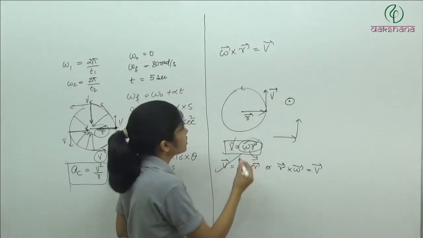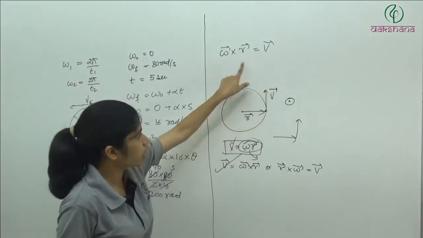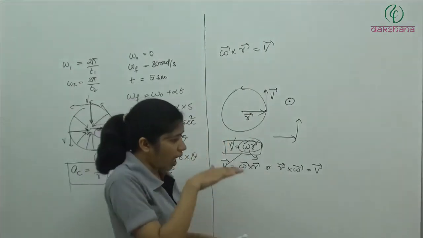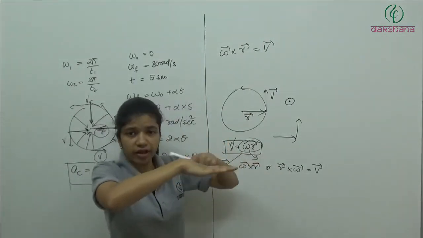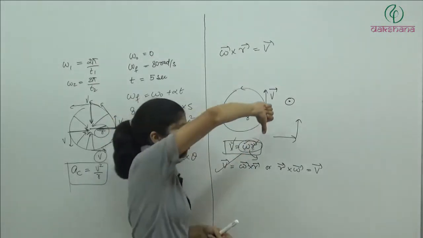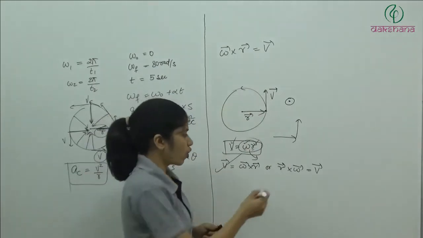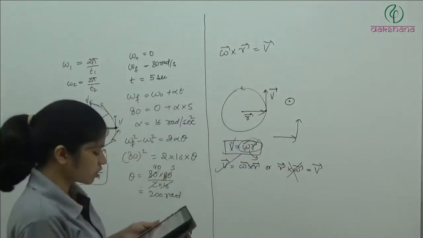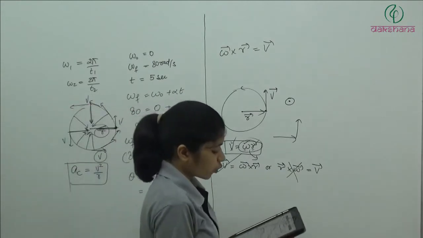It means this one is correct. V is equal to omega cross R. And if we do R cross omega, so R is the first vector, finger will point towards first vector, R cross omega. So it is coming downward direction. So this is wrong. So V is equal to omega cross R. First option is correct.